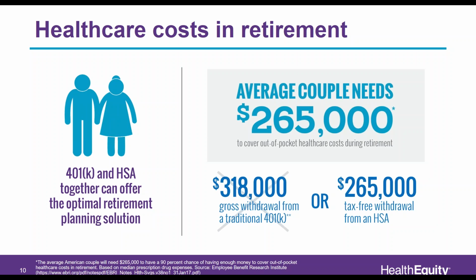And I can also use my HSA for those out-of-pocket healthcare costs that I may face during my retirement years. So together, hand in hand, they're going to offer me the optimal retirement planning solution. So I have a nest egg for those healthcare costs, and I have that nest egg for that cute little cottage out in the country.